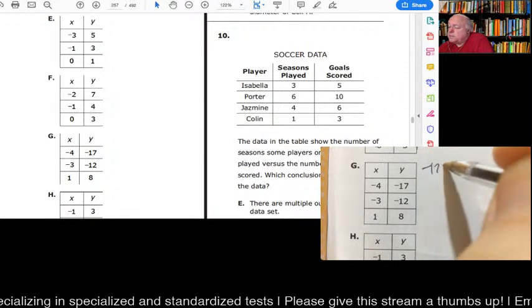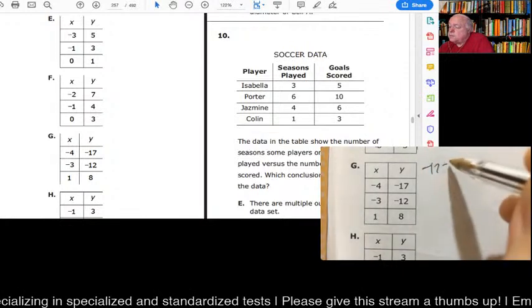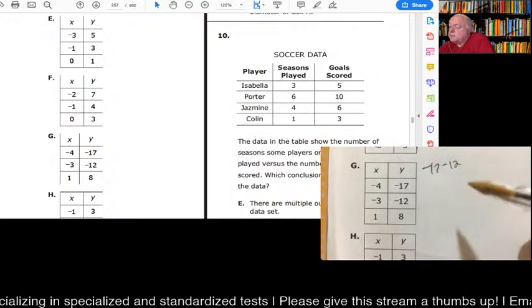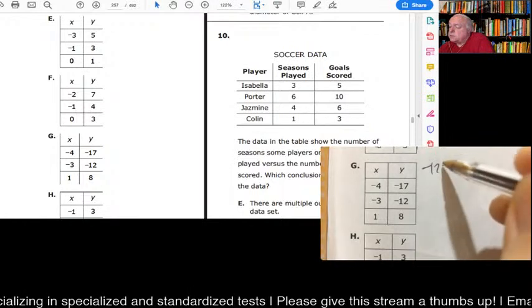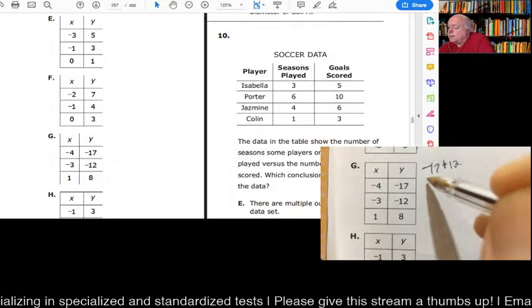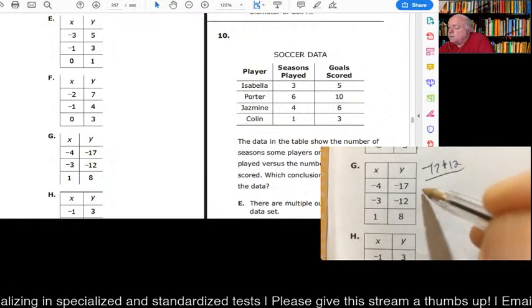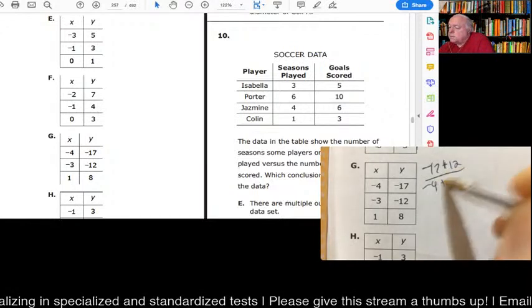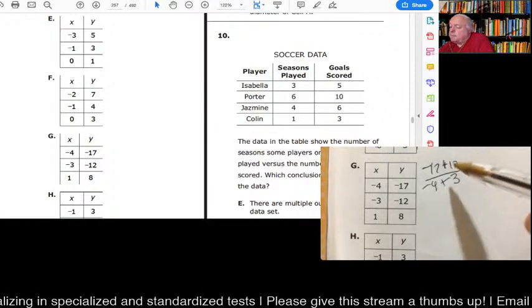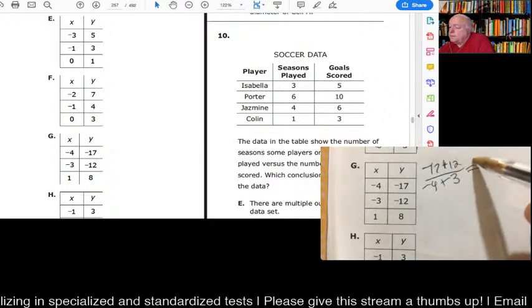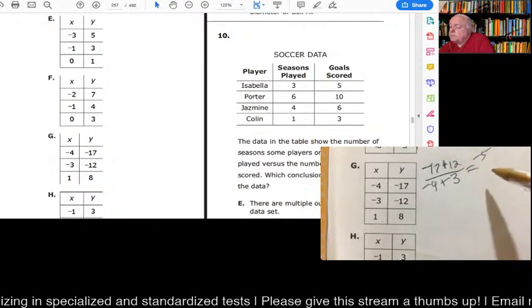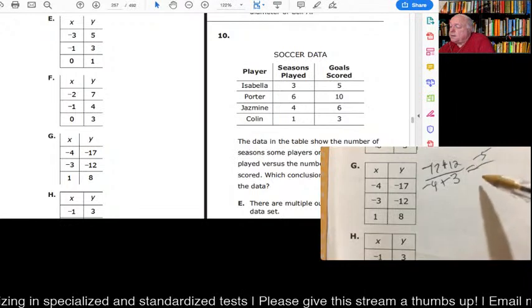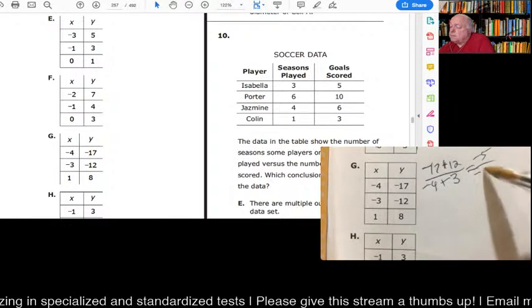minus 17, minus 12, minus 12, so it's plus 12. And then we have minus 4, minus 3, which is that. So we get, what do we get? Minus 5 up here. And down here we get minus 1.